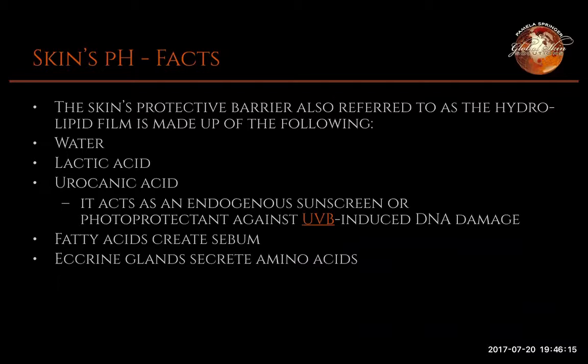So that acid helps to protect the cell's DNA from any sun damage. So it's a photoprotectant. You also have those fatty acids to create sebum, and that fatty acid is made up of cholesterol, triglycerides, omega-3s, and 6.